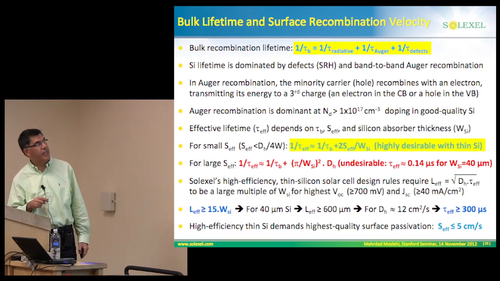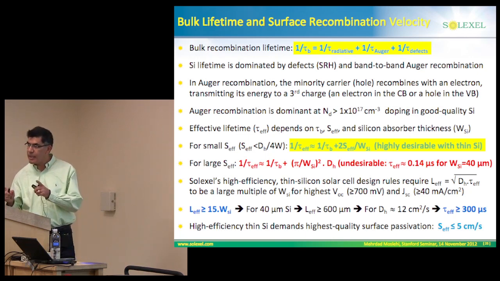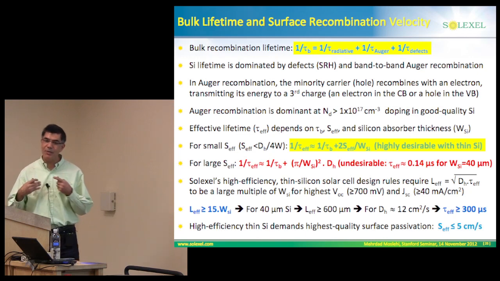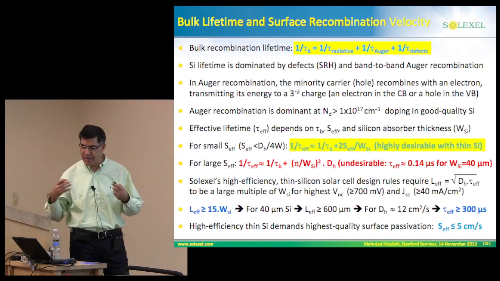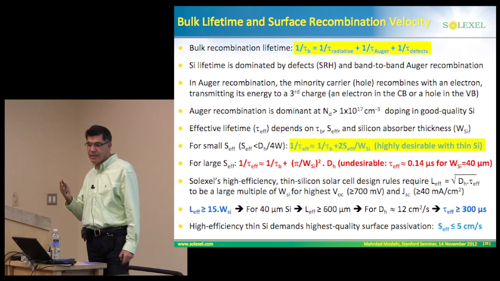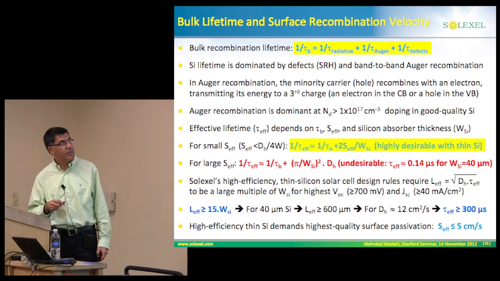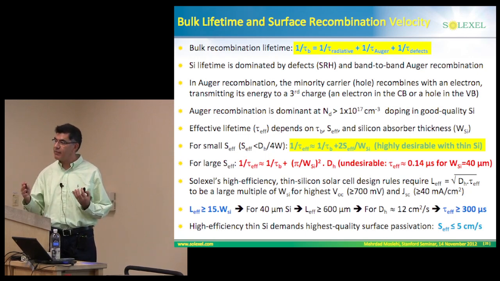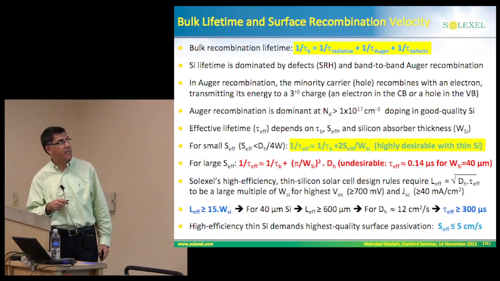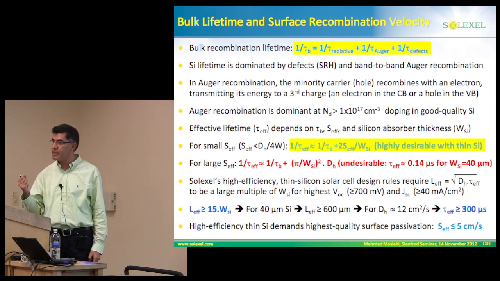Just very quickly, in the case of silicon bulk lifetime, we have dealt with lifetime improvements and design rules related to lifetime since the start of the company. So it's very important to achieve high effective lifetime for high efficiency cells. Silicon lifetime is actually dominated by defects and Auger recombination.